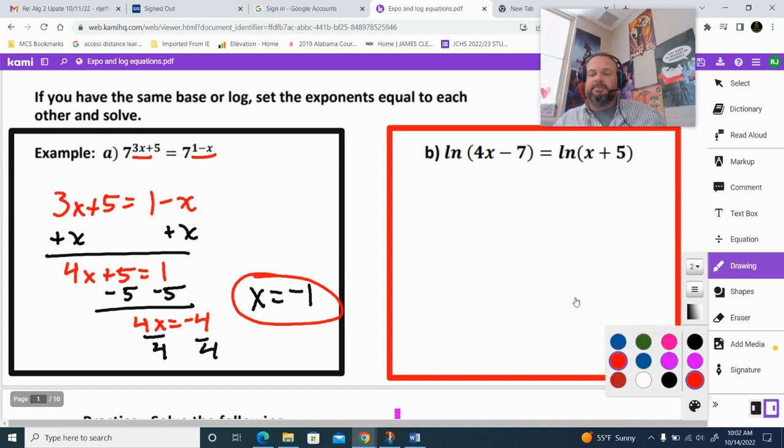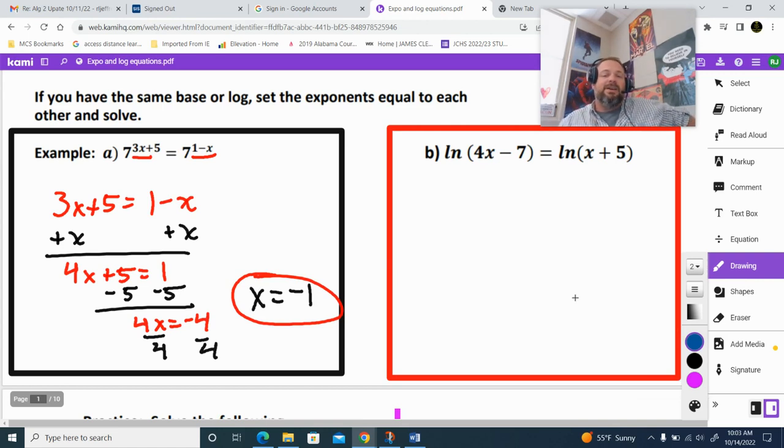Okay, now I know on y'all's handout it's done vertically, A and B, but I wanted to move it over. That's just a me thing today. All right, so these are the same, correct? So we're just going to say 4x minus 7 equals x plus 5.